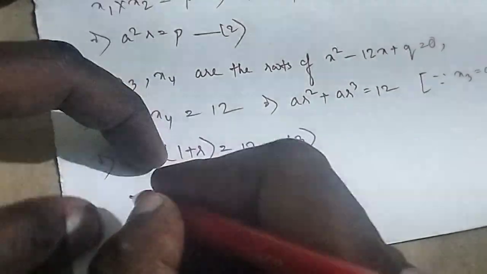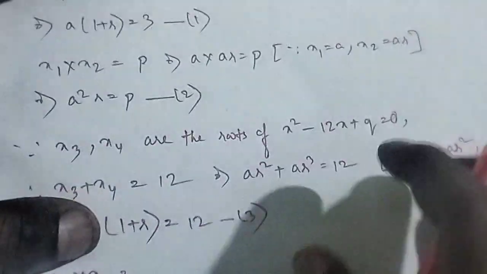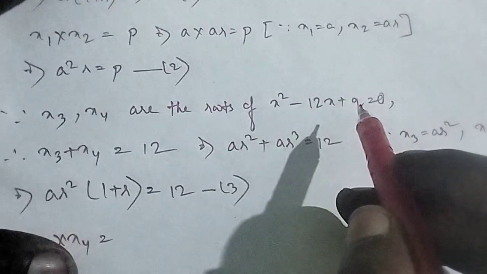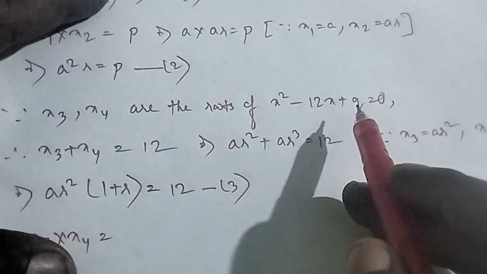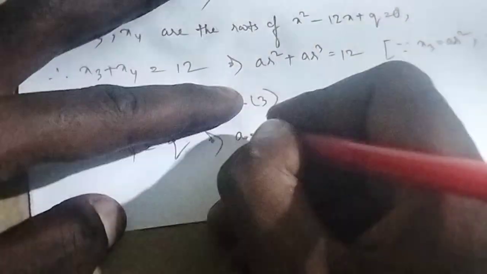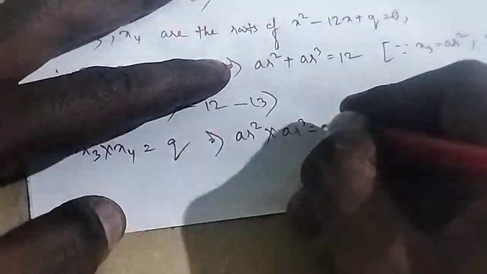Again, the product of the roots x3 into x4. From here only you can get the product of the roots is c by a, that means q by 1, that is q. So x3 into x4, AR square into AR cube, is equal to q.